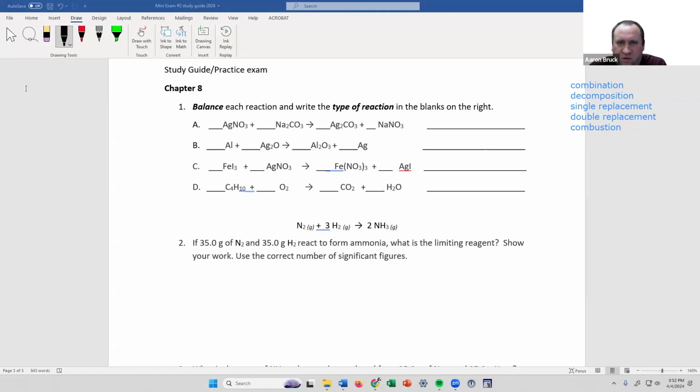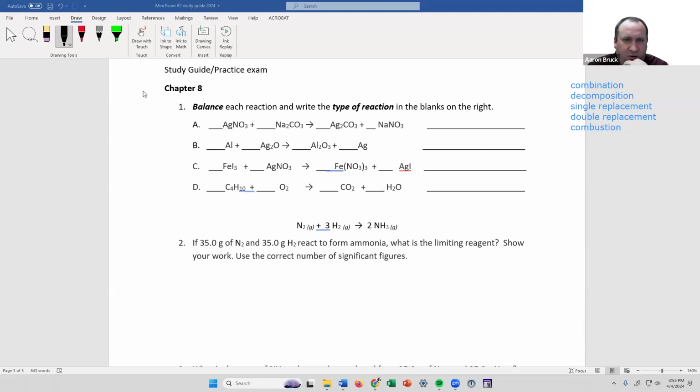First and foremost, we're going to start with the types of reactions because we can actually identify the type of reaction without doing the balancing part. In combination reactions, we want to look for the merging together of multiple reactants into a single product.